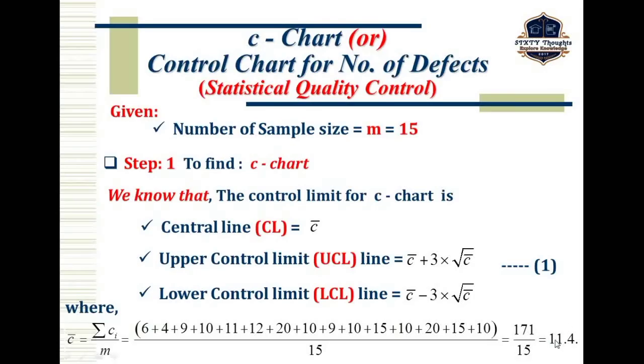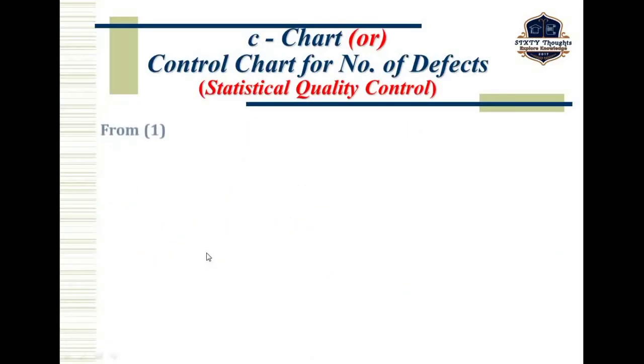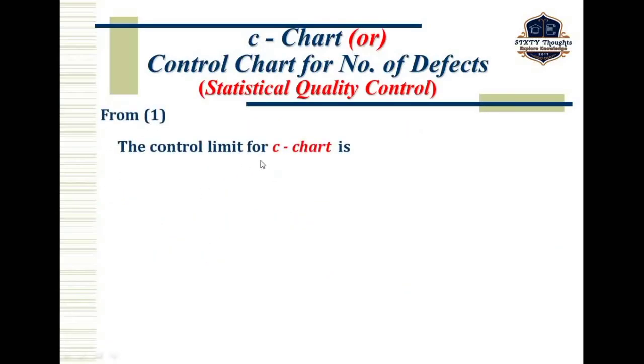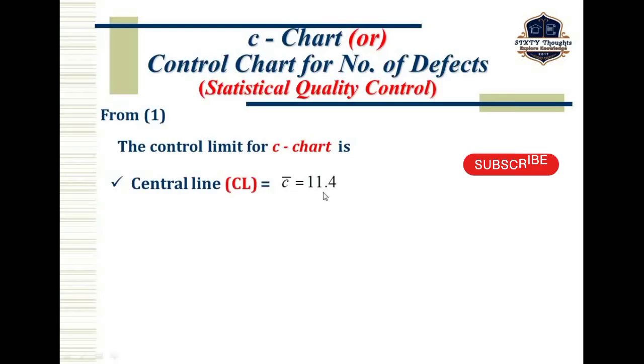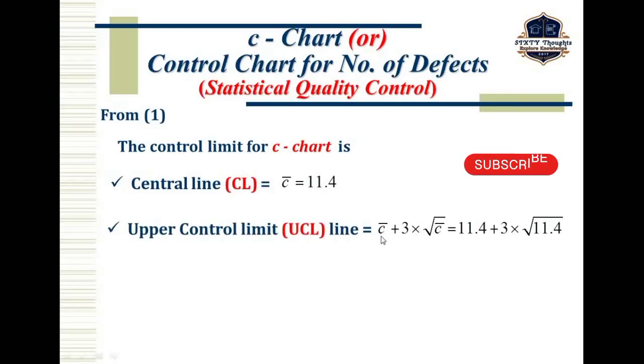Using the C bar answer with the help of equation 1, I am going to find these three horizontal line values. The central line C bar equals 11.4. For the upper control limit, substitute the C bar value: 11.4 plus 3 into square root of 11.4.